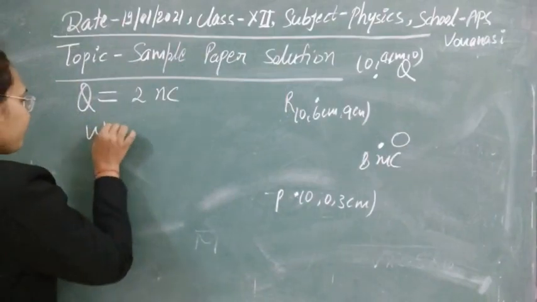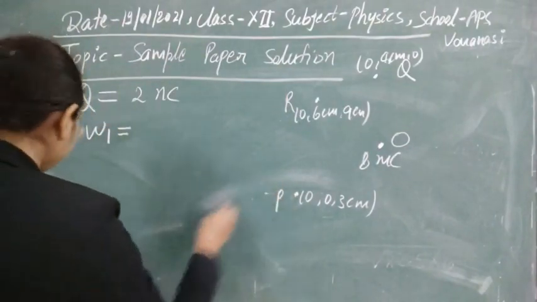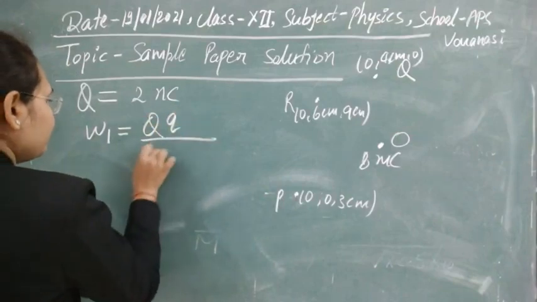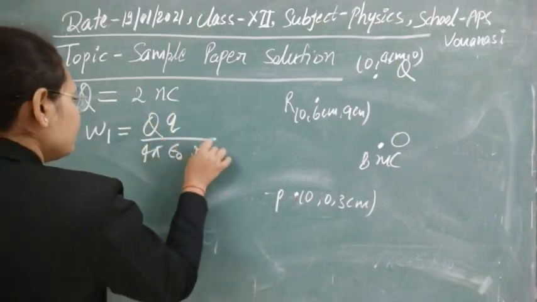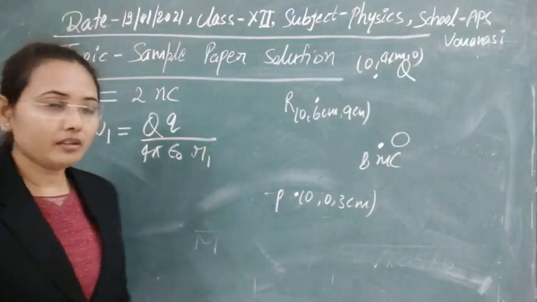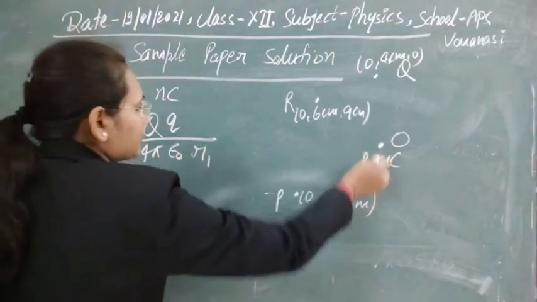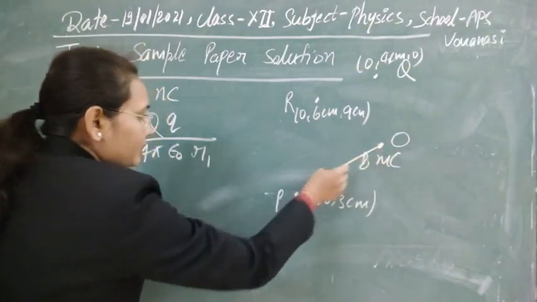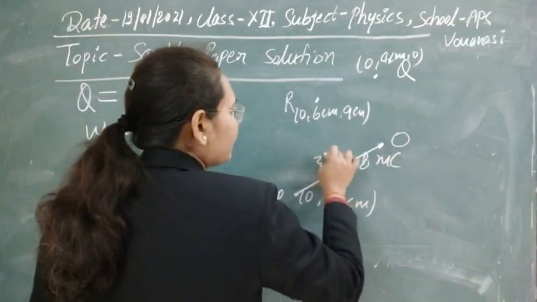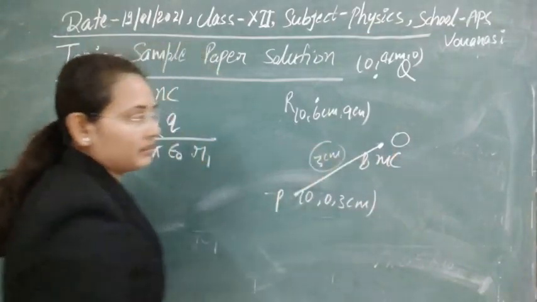So work done W1 is given by Qq upon 4 pi epsilon 0 R1. Clear? This is the distance between these 2 points, and if you calculate this distance, it will be equal to 3 centimeter.